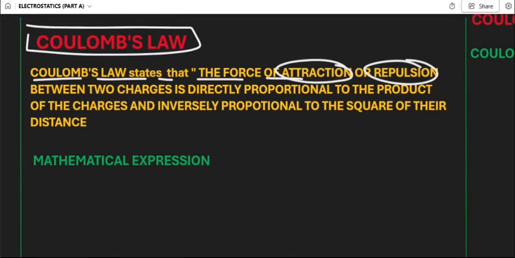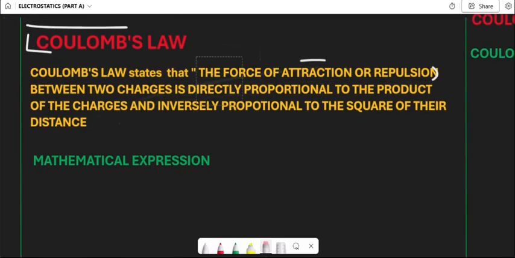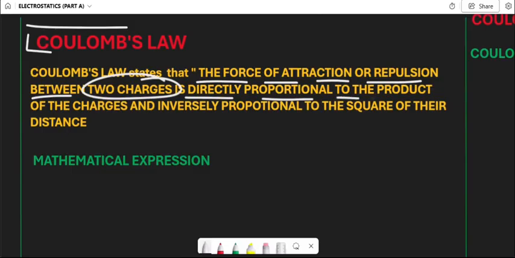Coulomb's law again states that the force of attraction or repulsion between two charges is directly proportional to the product of their charges and inversely proportional to the square of their distance.